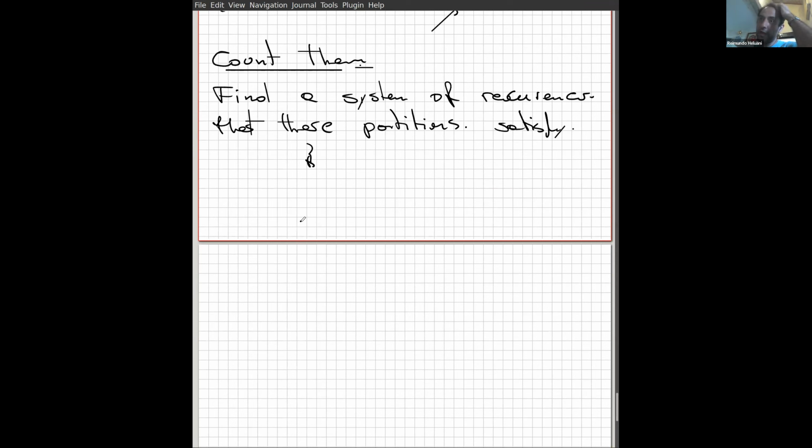This leads to the following thing. So this is a theorem.